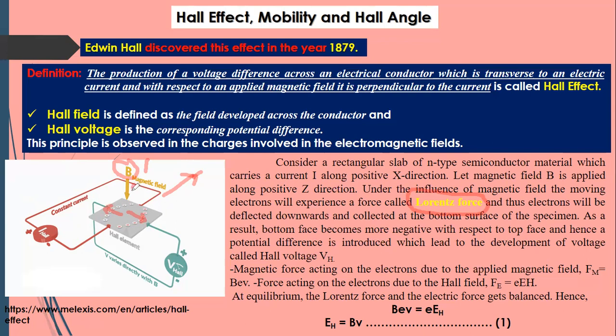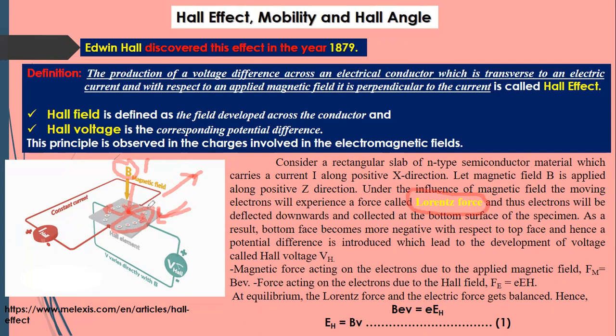Whenever the magnetic field acts on the metal slab, the electron charges are deflected away from the core, and an equal number of positive charges appear. Why do the positive charges appear? Due to the deficiency of electrons, the positive charges appear.